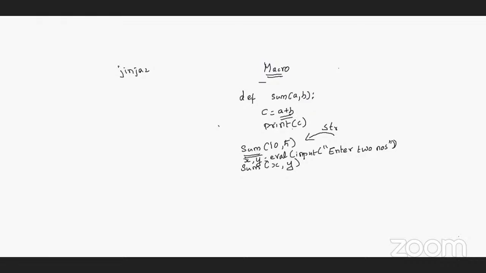Since it must be an integer to work on it, I am using EVAL to convert the string into an integer. That is the meaning of it. Now we will come back to the Jinja 2 representation of how macros are defined.